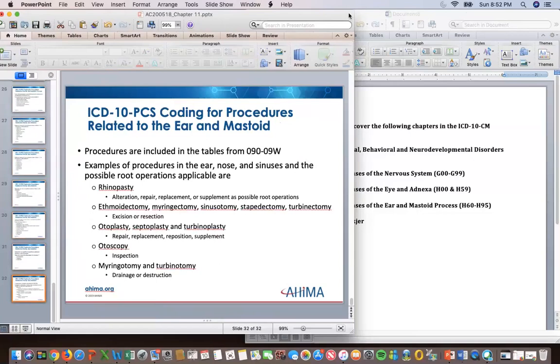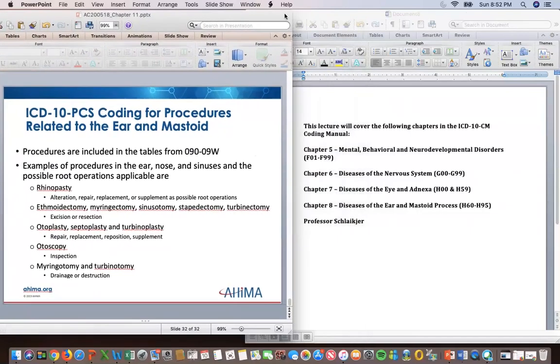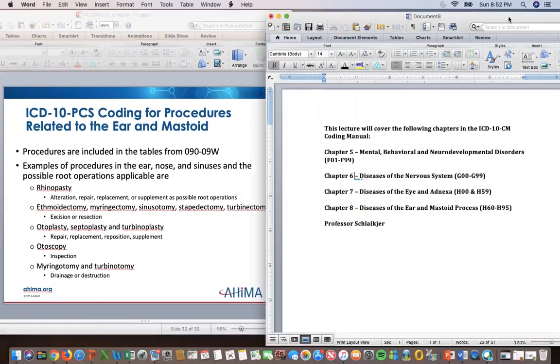So again, fairly easy chapters to hit for chapters 5, 6, 7, and 8. And as always, I suggest that everyone, whatever textbook or classroom material you're using, please get in there and do all the questions you possibly can, with the answers. It will guide you. If you cannot figure out how they came across that answer, at least you have the answer.